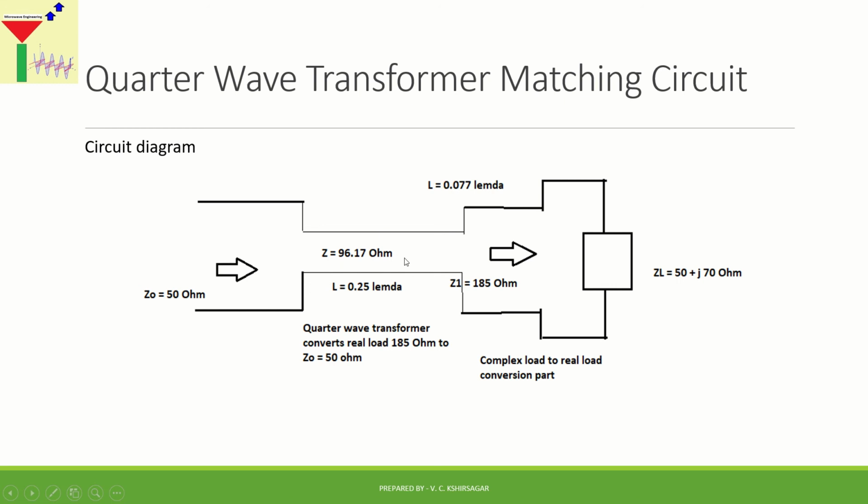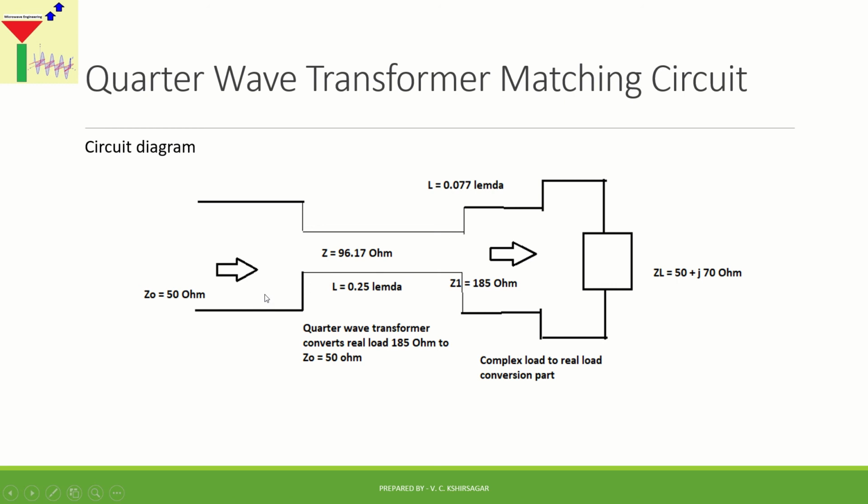To calculate it, we multiply this 185 with 50 ohm and take the square root, and we get the characteristic impedance of the quarter wave transformer. The length of the quarter wave transformer is always 0.25 lambda. We saw the tracing of a semicircle, which converts this 185 ohm real value on the other side to 50 ohm.